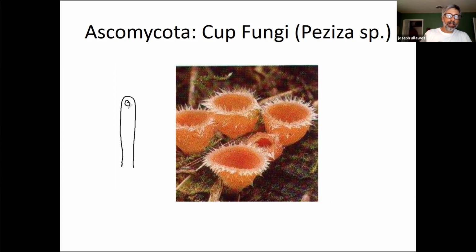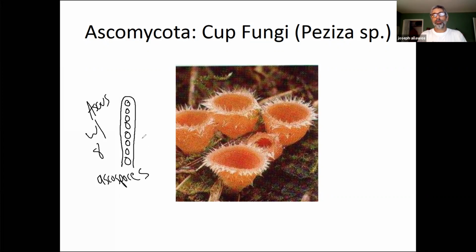And inside are 8 ascospores: 1, 2, 3, 4, 5, 6, 7, 8. So this is an ascus with 8 ascospores. And if you have a fungus that makes an ascus with its 8 ascospores, then we put it in the Ascomycota. That's what puts it in there.